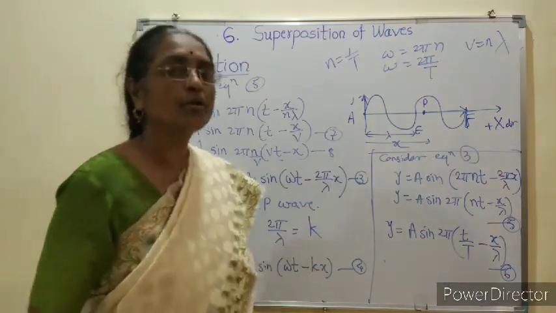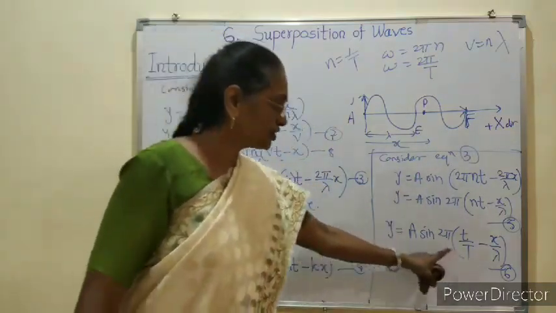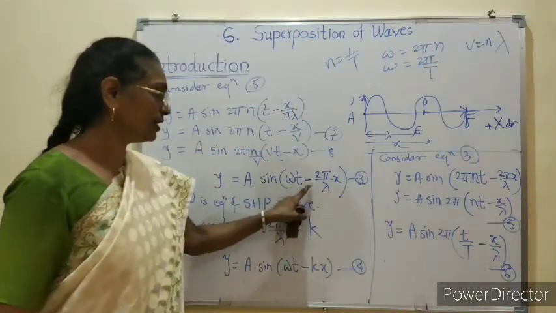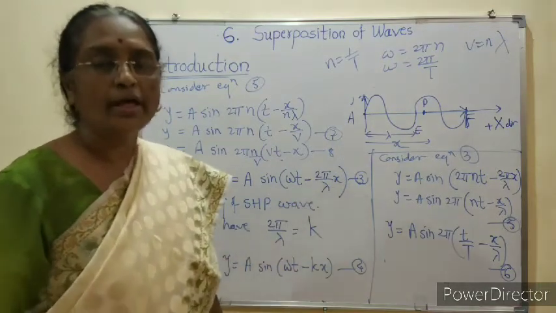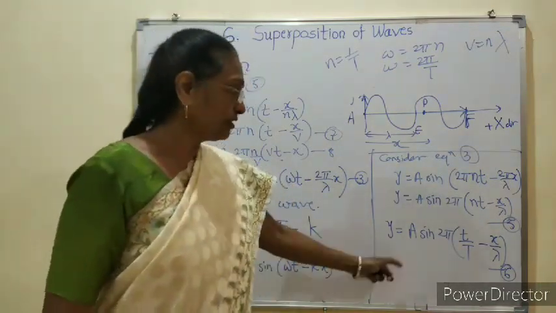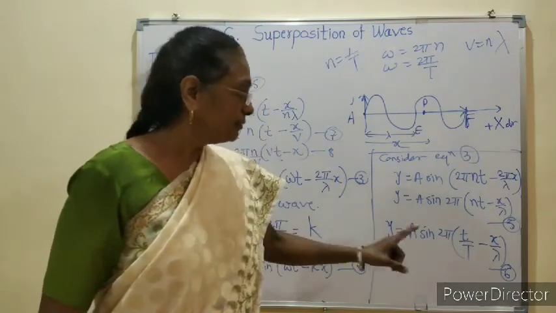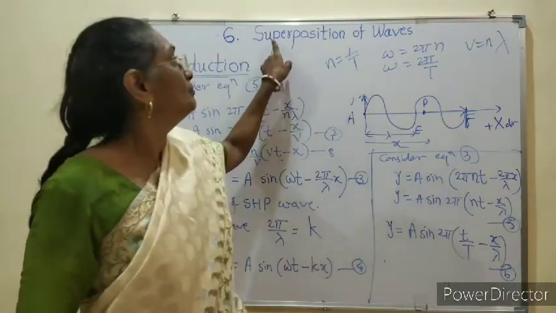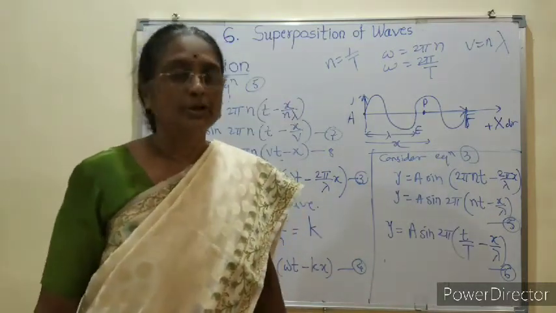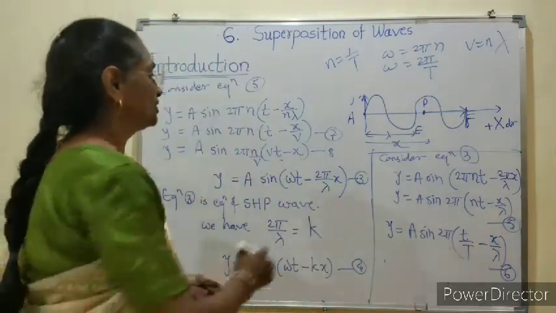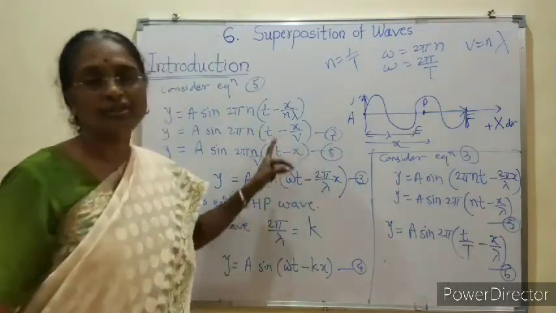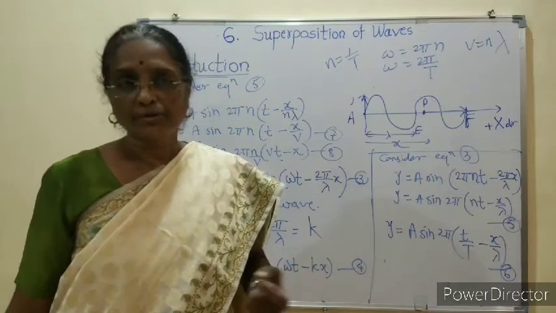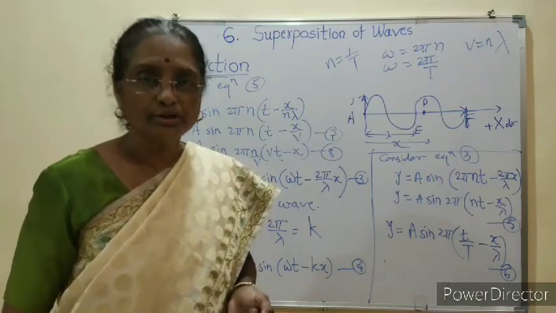So many forms we can obtain by using this basic relation y is equal to a sin omega t minus 2 pi upon lambda into x. Here we have to use equation number 6 for the superposition of waves. But we have derived all these forms because we have to use them in multiple choice questions as well as in numericals.